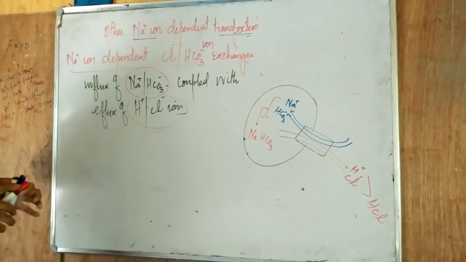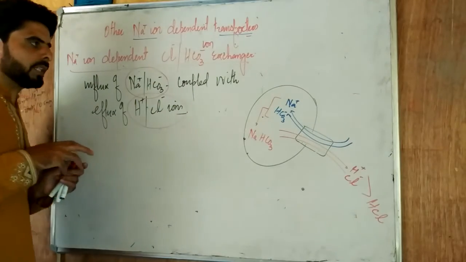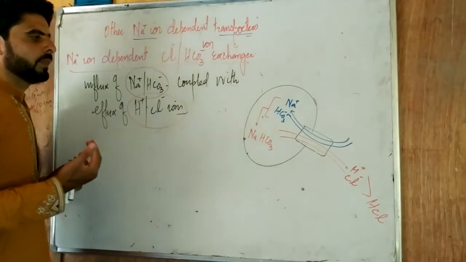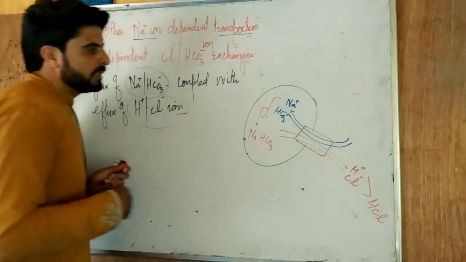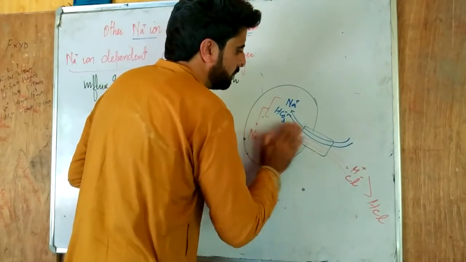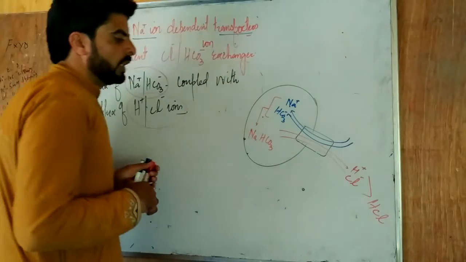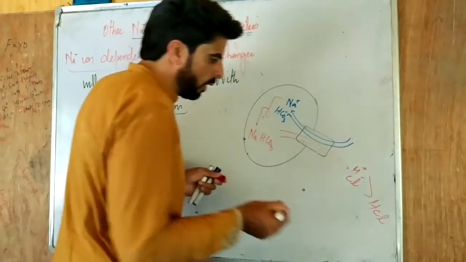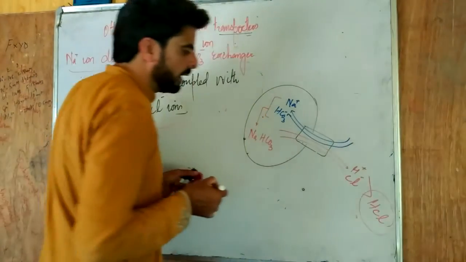It is mainly seen in case of stomach. When the stomach is releasing the HCl into the lumen, it is released in such a way that the sodium and bicarbonate ions come in, then the hydrogen and chlorine ions are expelled out, which later lead to the formation of hydrochloric acid.